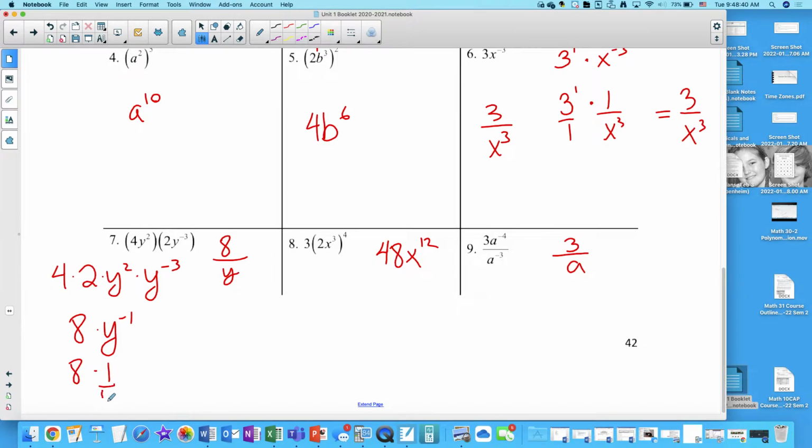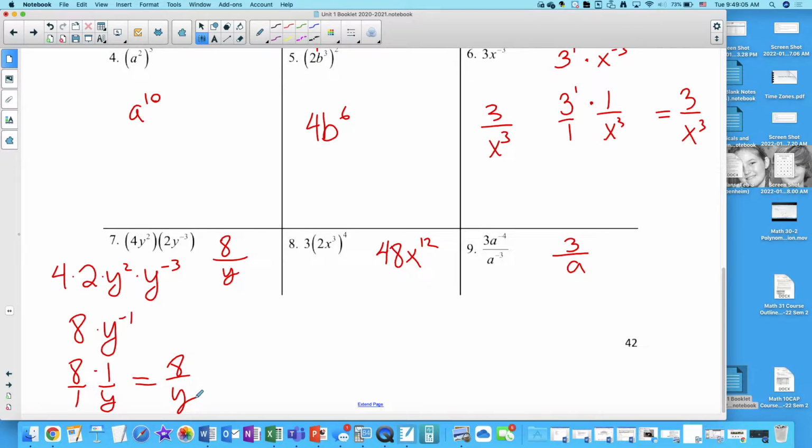And that's 8 over y. Okay? And by the way, I expect that when you simplify these, it takes you several steps. And you write them all down, right? So I can only do this in my head because I've been doing this since like grade 9 math, which is a very long time ago.